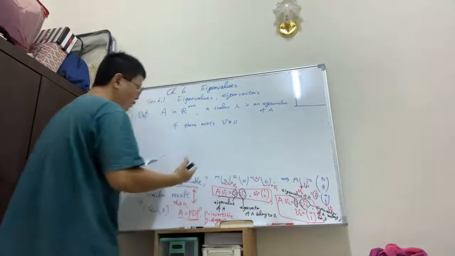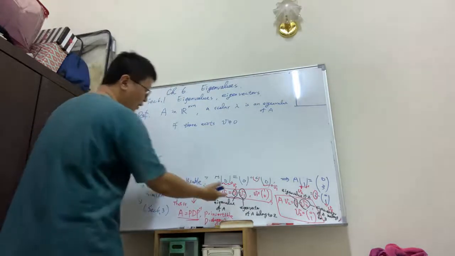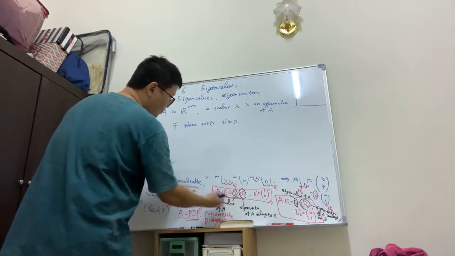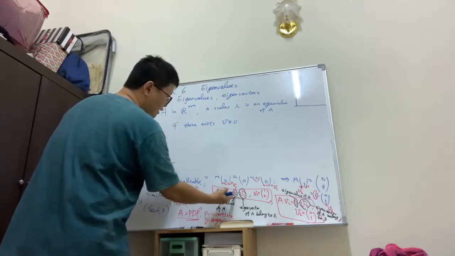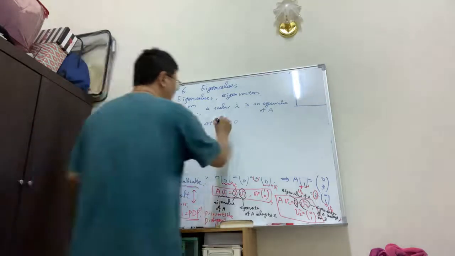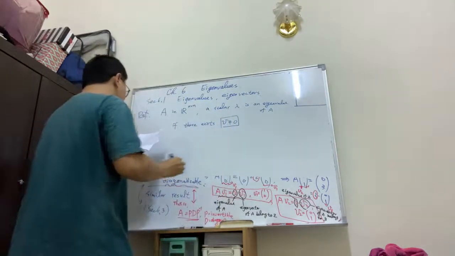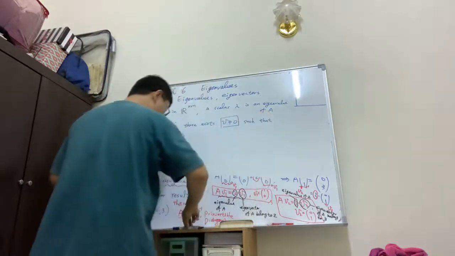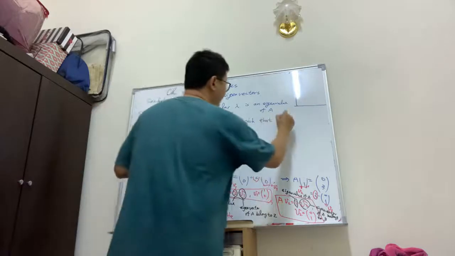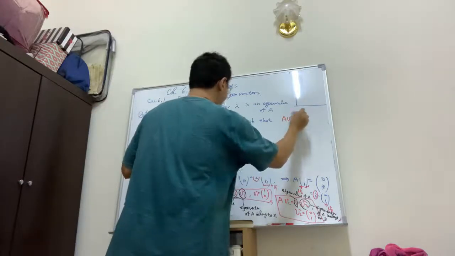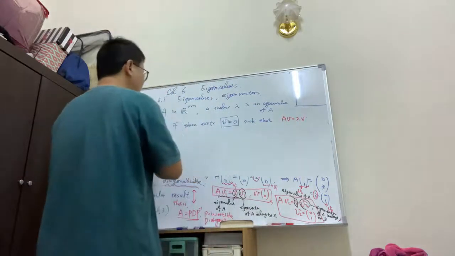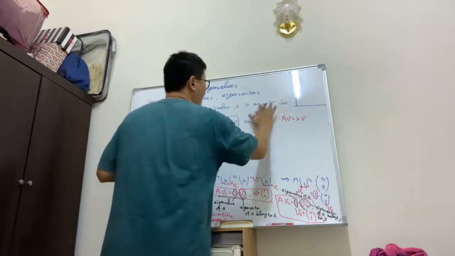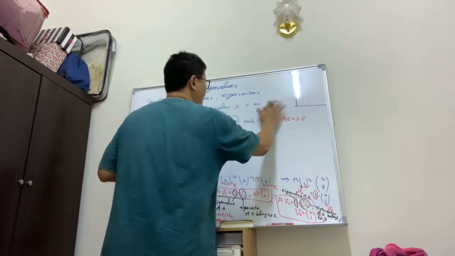It could not be the zero vector, otherwise any scalar times the zero vector must be zero, and A times the zero vector must be zero, so this equation always holds. So the vector v could not be zero, such that the equation holds: A v equals lambda v. Then lambda is called an eigenvalue of A.